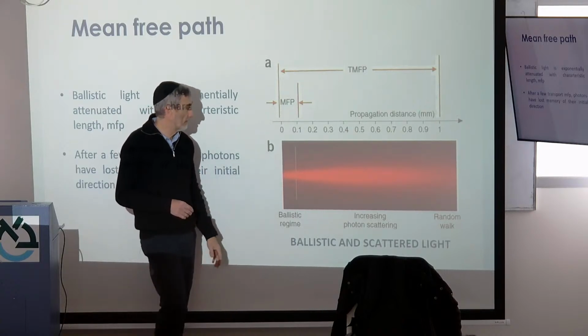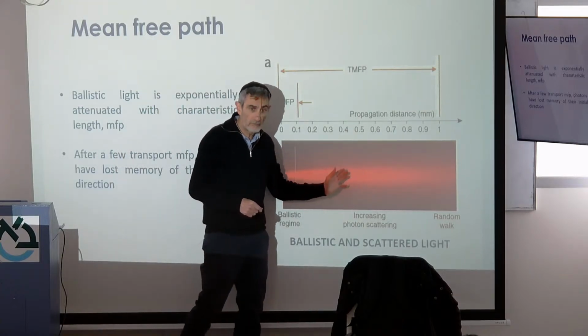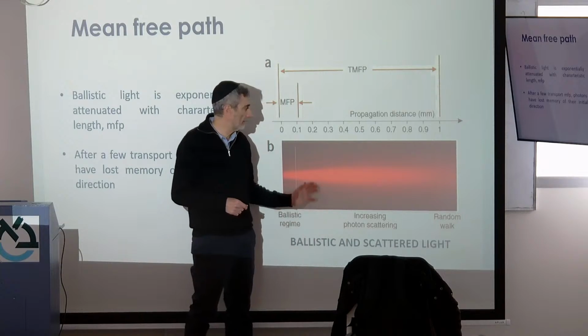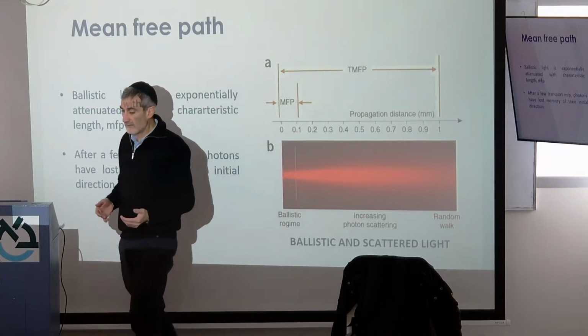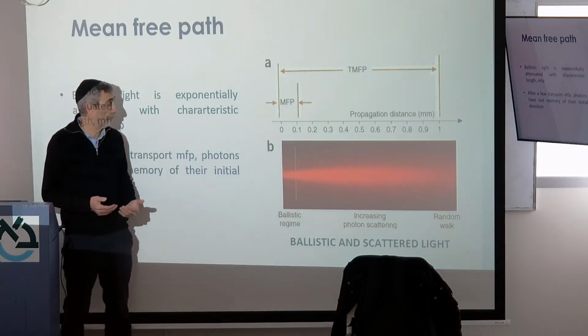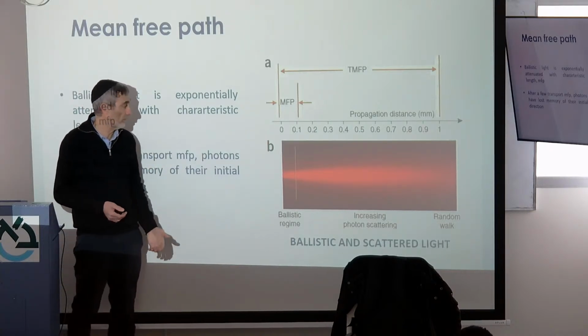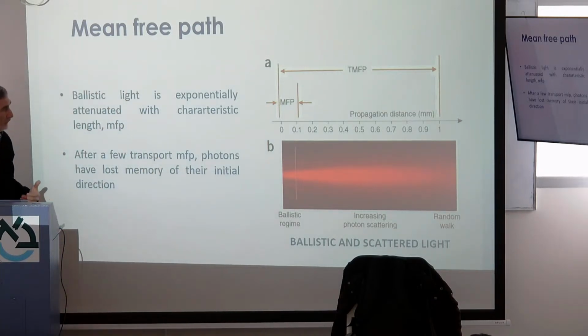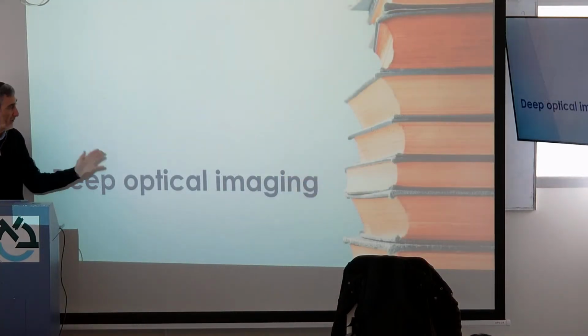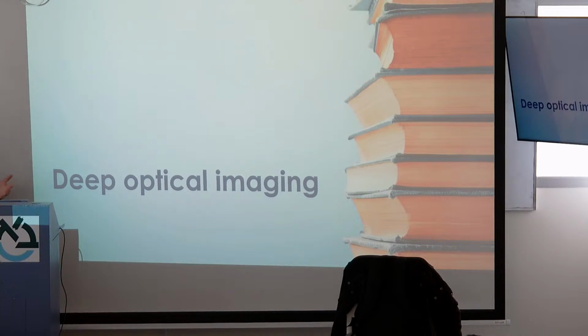You can explore deeper, but the resolution is getting worse and worse. That's what we're going to see when you want to image using diffuse light. If you want to go deeper, you can, but at the price of the resolution. That's the main message.